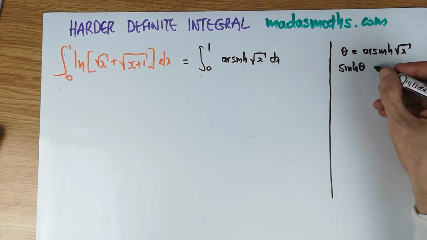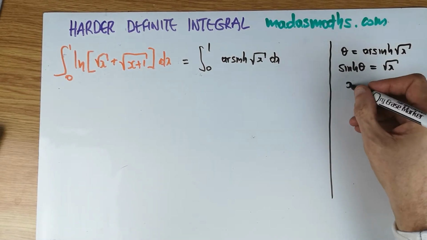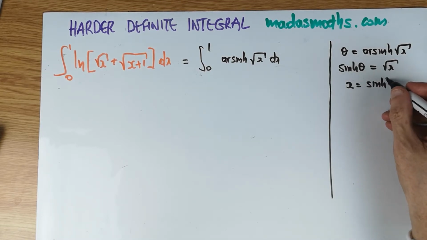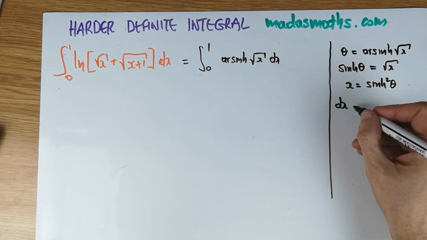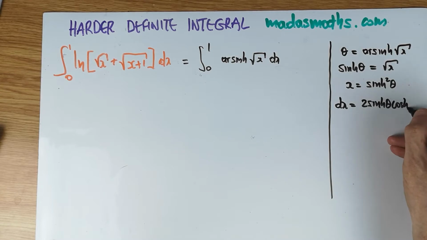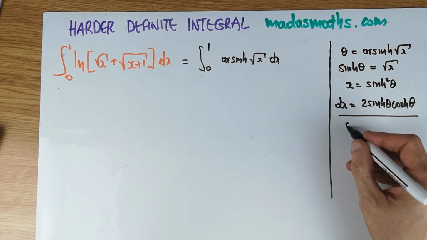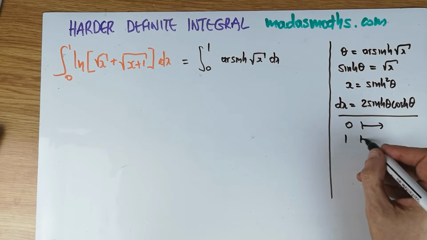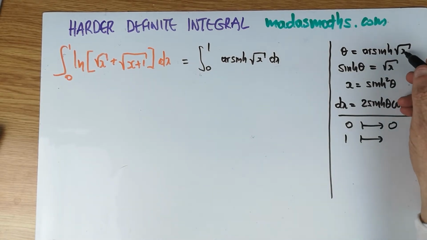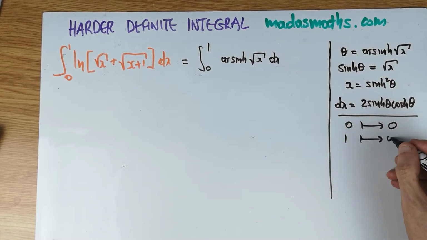The sinh of theta is equal to the square root of x. x is sinh squared of theta, and my dx is of course 2 sinh theta cosh theta, and the limits 0 and 1. 0 maps to 0. The arsinh of 0 is 0, and 1 maps to the arsinh of 1, which I can call alpha.